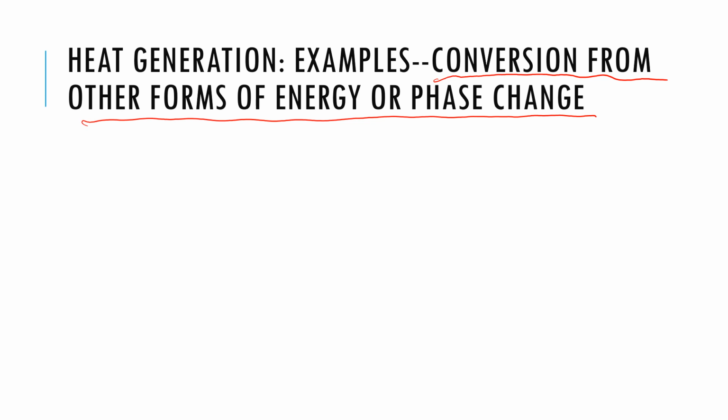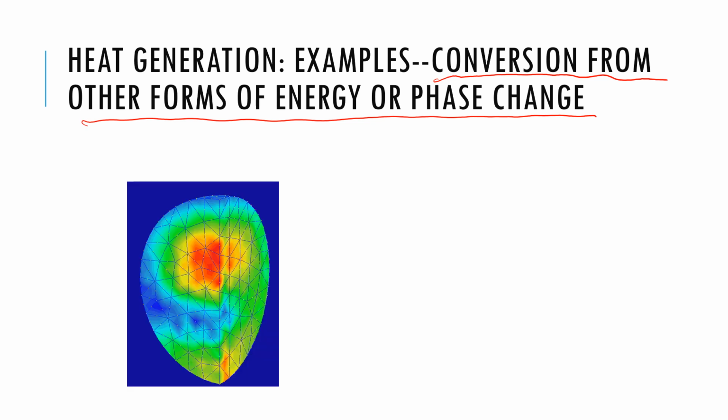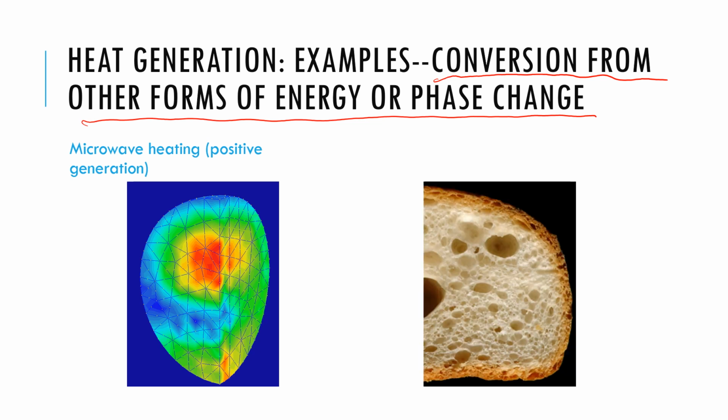So let's look at two examples. One is microwave heating. In microwave heating, it's a positive heat generation, but what is that due to? It's simply because electromagnetic energy is being converted to thermal energy. Another example of heat generation, let's say when we are doing bread baking, then we have evaporation inside the food.